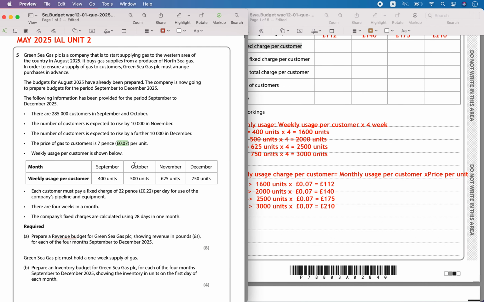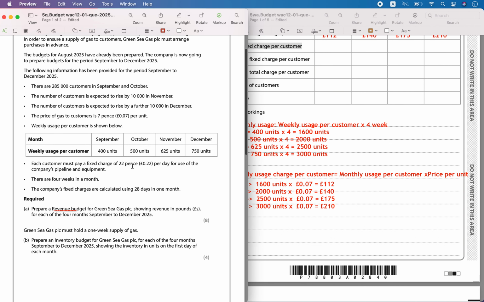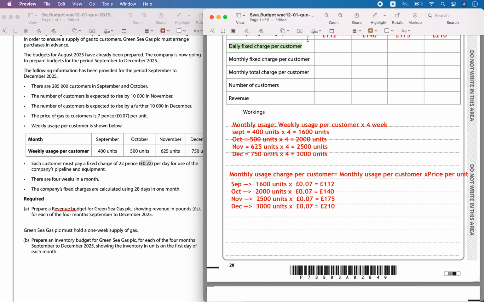Now the daily fixed charge per customer. The information is given: each customer must pay a fixed charge of 22 pence per day for the use of the company's pipeline and equipment. It will be the same for every month, so it is 0.22 pounds. Let's fill it in the table.